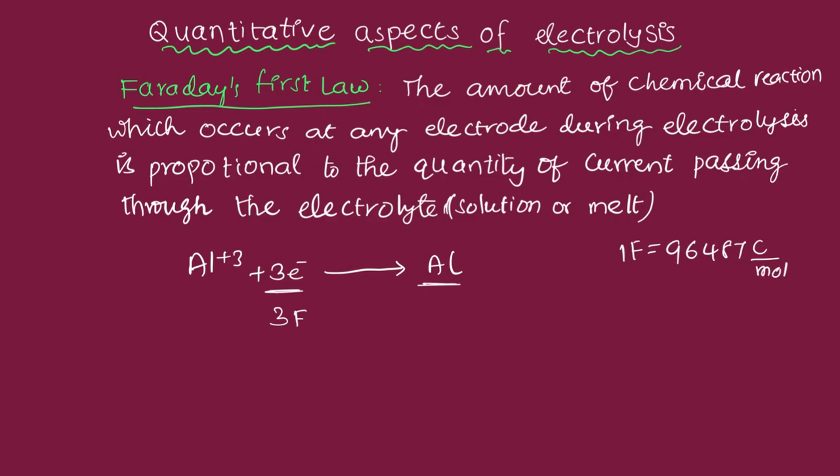Now, how do we get this 1 Faraday? 1 Faraday is equal to 1 mole of electron charge. Now, 1 mole means what? 1 mole is equal to 6.022 into 10 power 23 electrons.